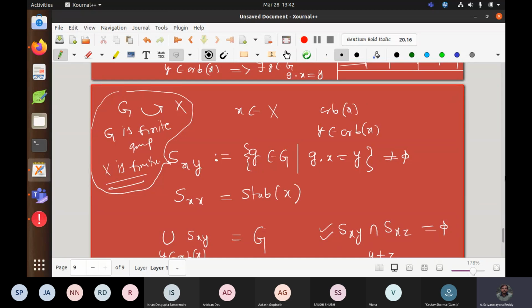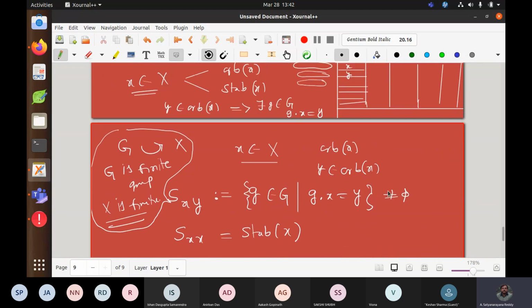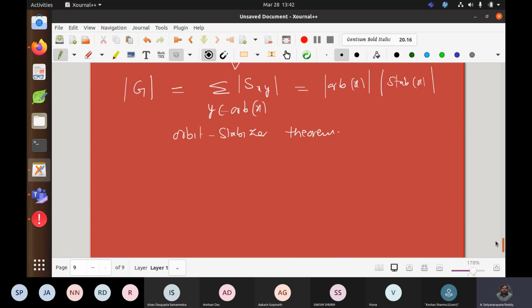Then we have a nice result that for every X belongs to X, the cardinality of G is equal to the cardinality of orbit of X times the cardinality of stabilizer of X. Yeah, you can now proceed.